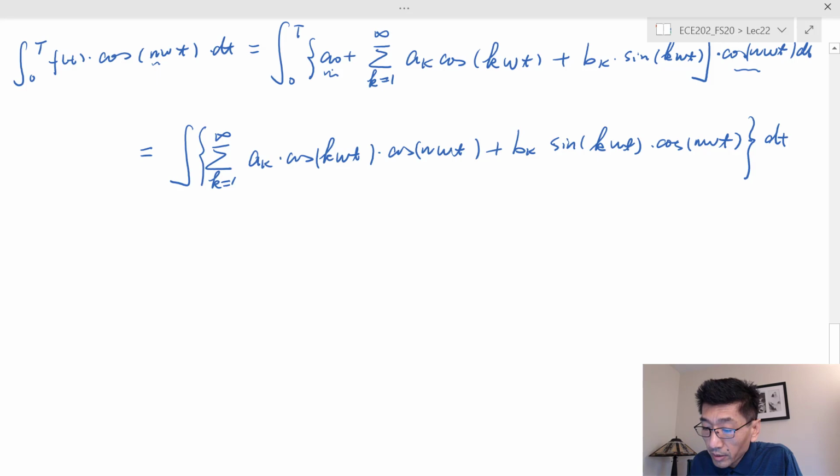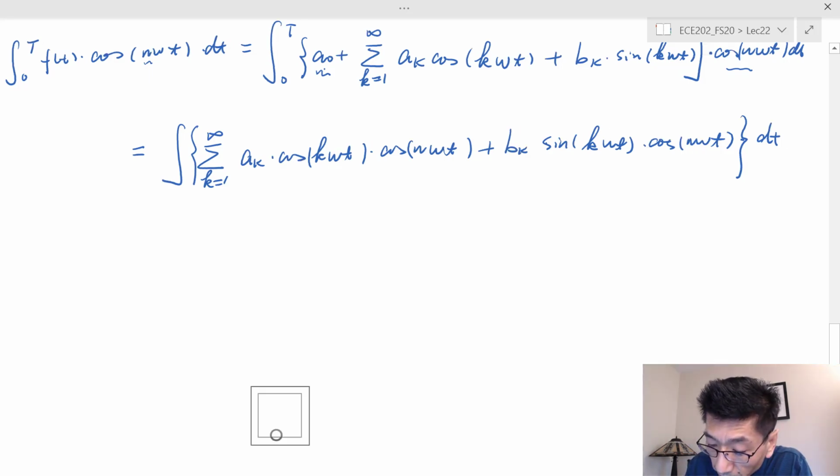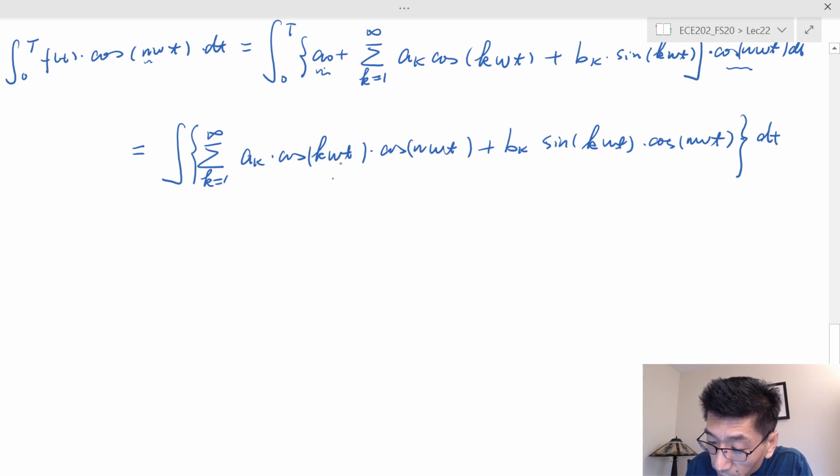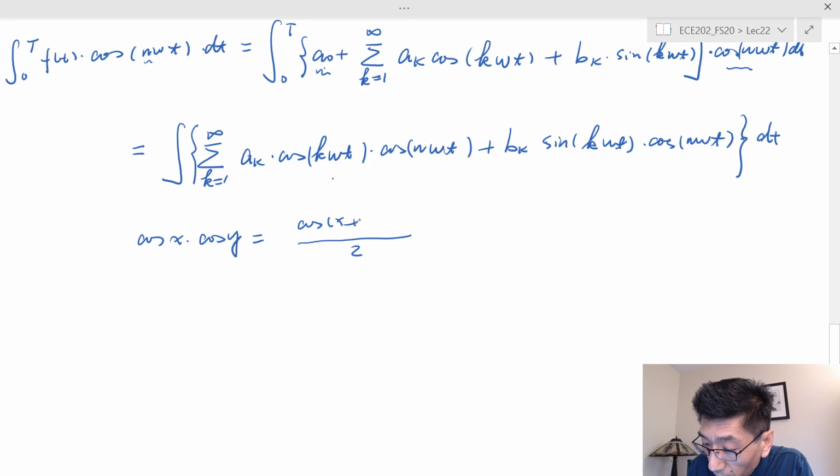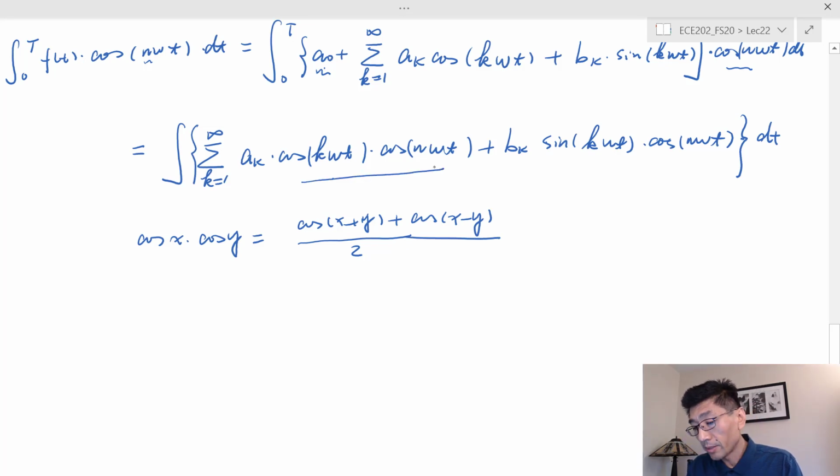Now we need to use what's called the trig identity. The first one is cosine x times cosine y, and the trig identity for this is one half of cosine(x plus y) plus cosine(x minus y). The plus one will always give you a cosine, always an AC term, right?